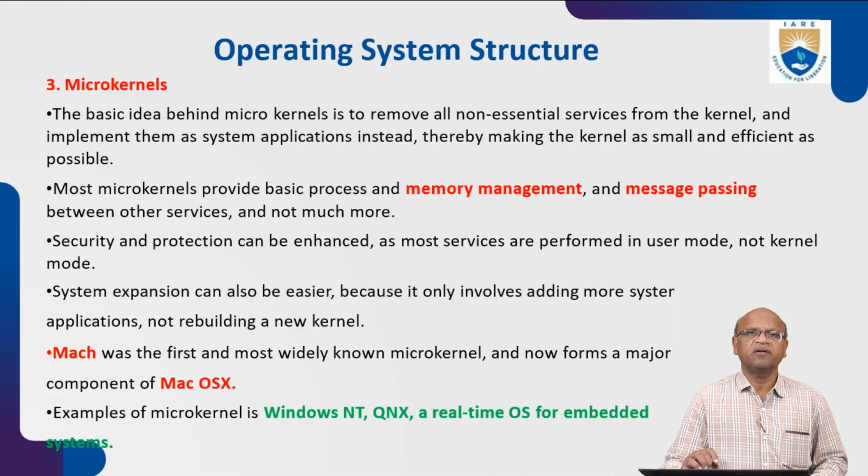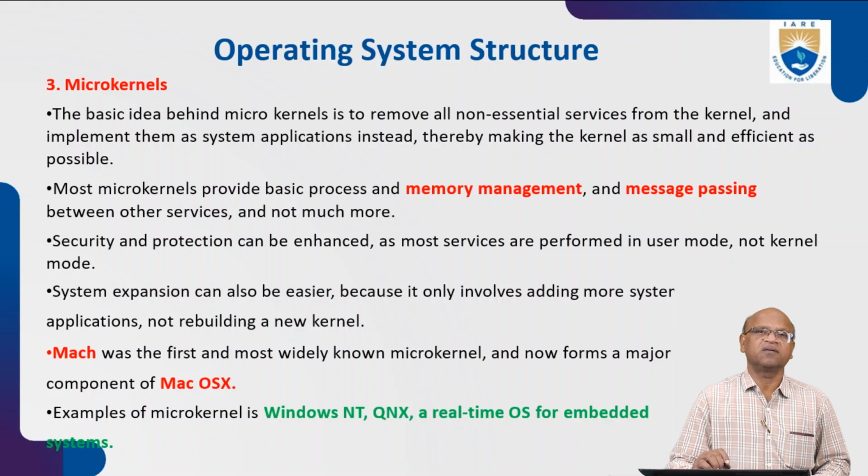Security and protection can be enhanced as more services are performed in user mode, not kernel mode. Microkernels are most useful for embedded systems. System expansion can be easier because it only involves adding more system applications, not rebuilding a new kernel.